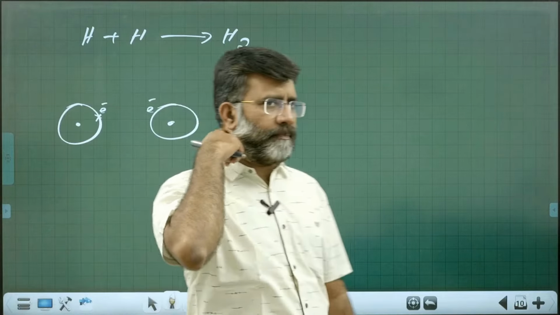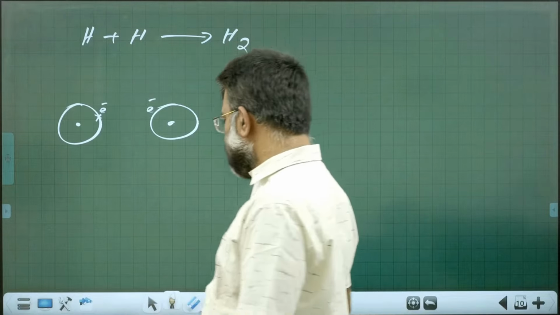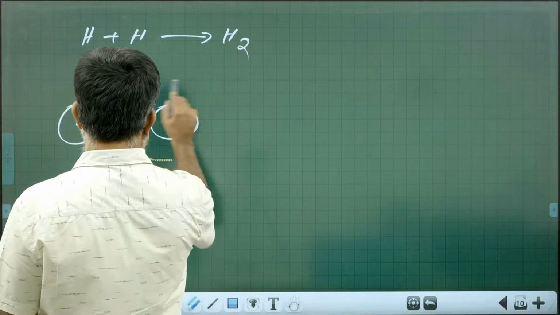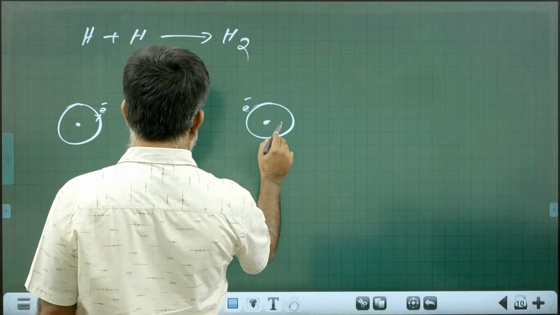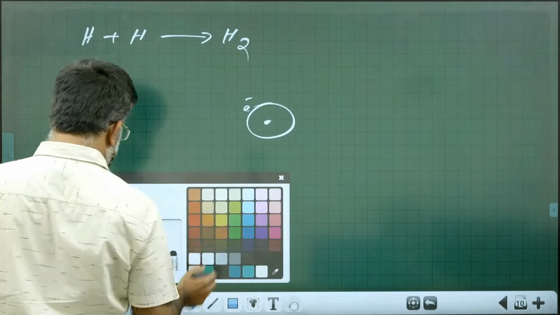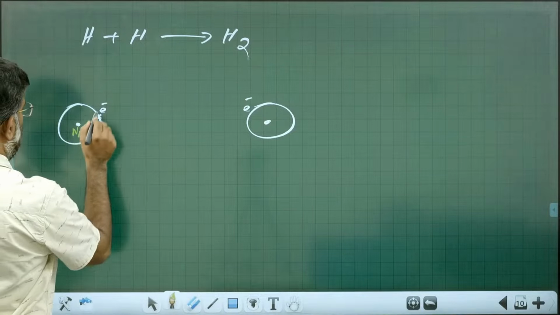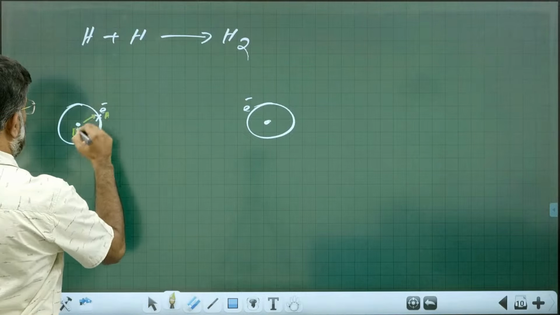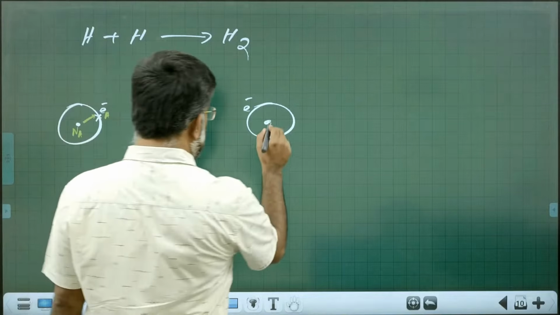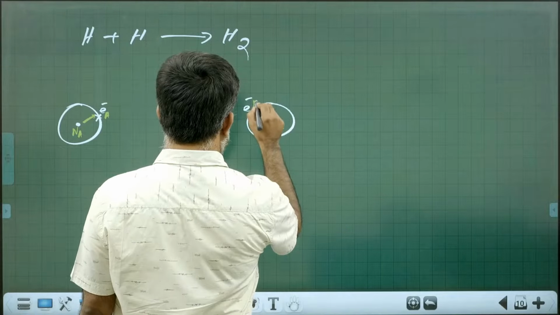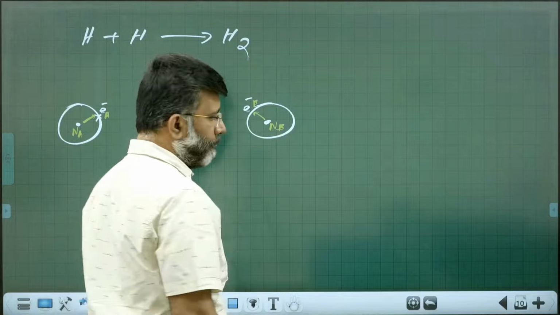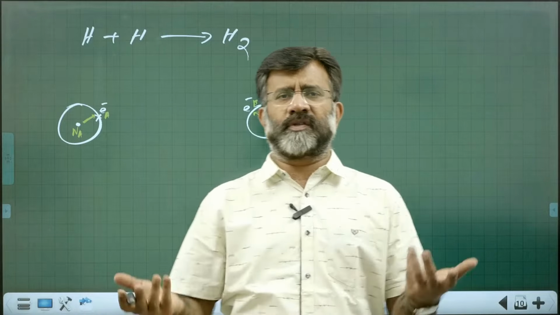When they are far apart, there is no force of attraction between the atoms. And the forces operating now: this is nucleus A and this is electron A, there is an attractive force. This is nucleus B and this is electron B, there is a force of attraction. So the attractive force is always existing.